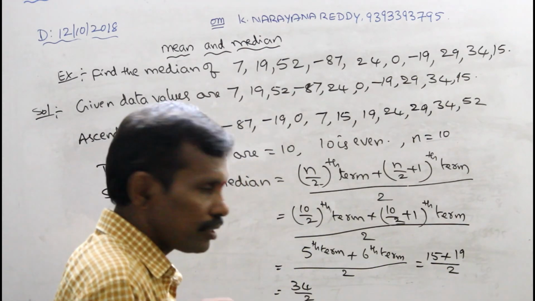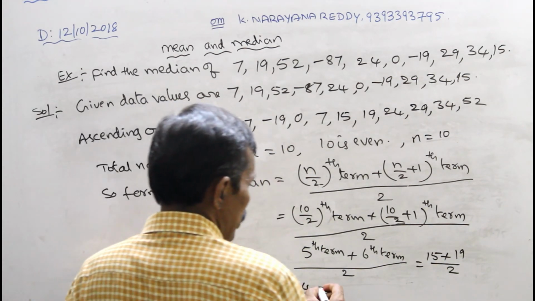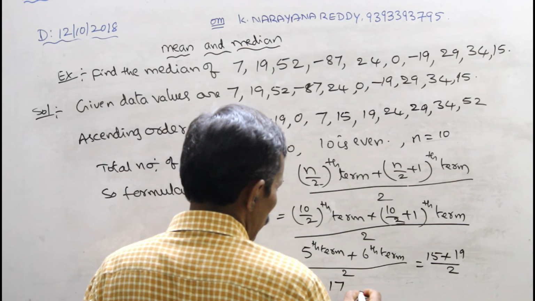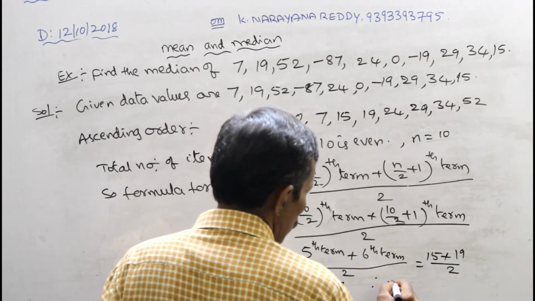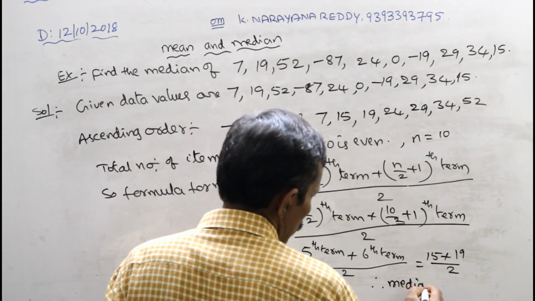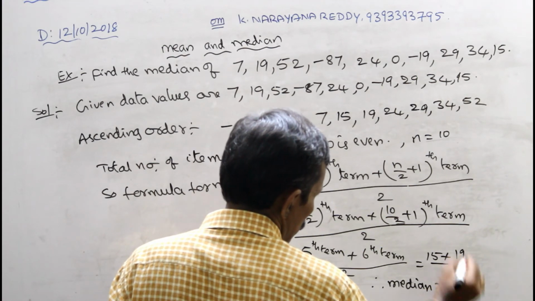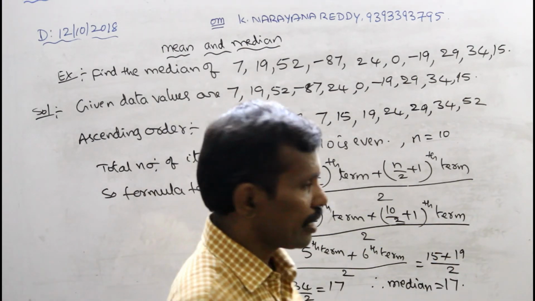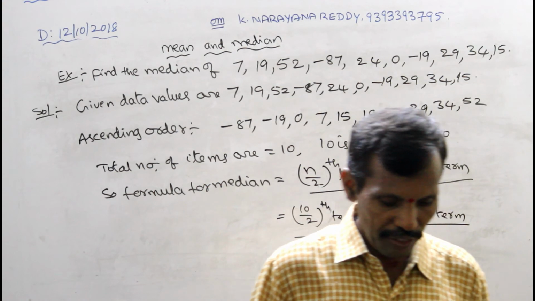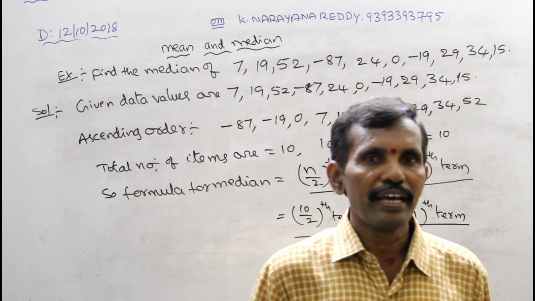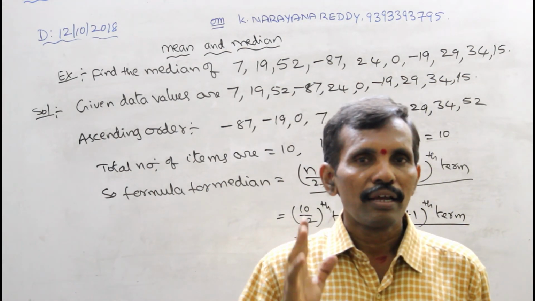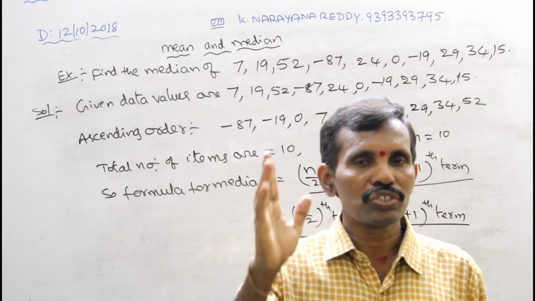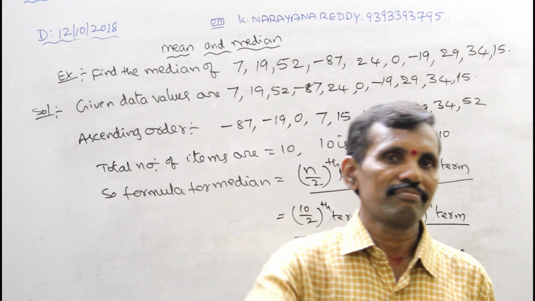Yes, 15 plus 19 is 34, by 2 equals 17. Therefore, median equals 17. That is the answer. In this way, you can find the median when the given data values are even.